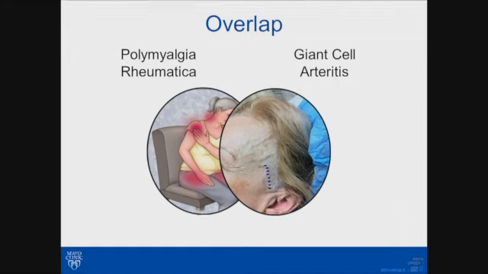The two go closely together, and when we see individuals with polymyalgia rheumatica, we want to very carefully look at whether there is an associated vasculitis, giant cell arteritis in particular, because sometimes the symptoms can be difficult to tease out as to whether somebody has only one condition, so only polymyalgia, or only giant cell arteritis, again, mainly because oftentimes there's overlap between the two, and the two go together very frequently.